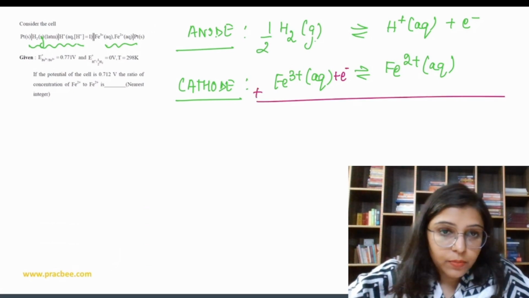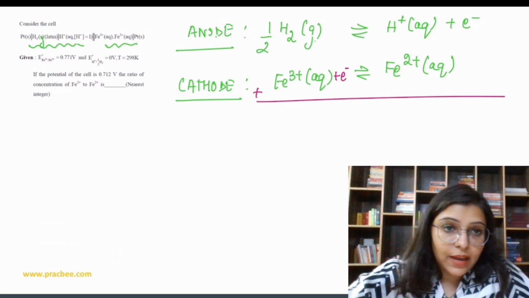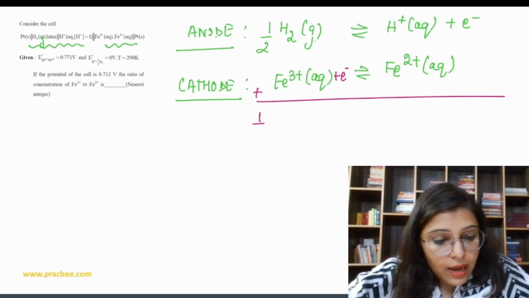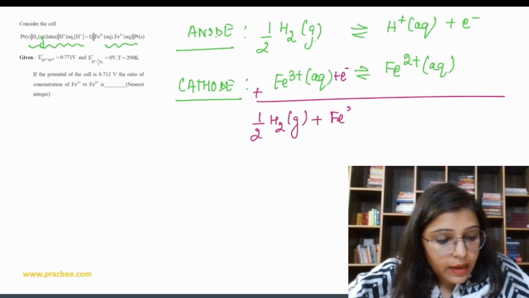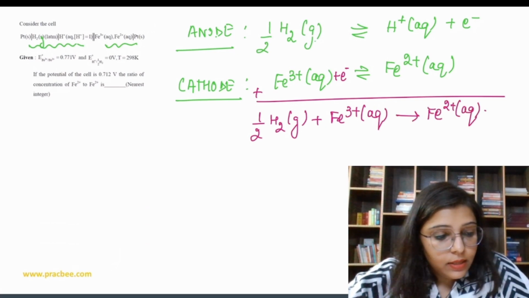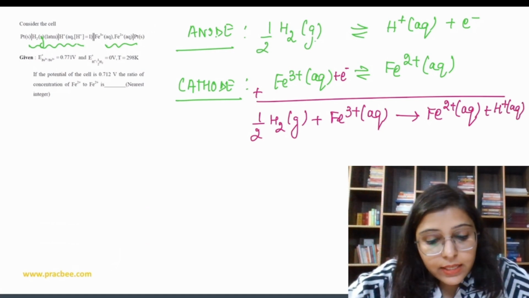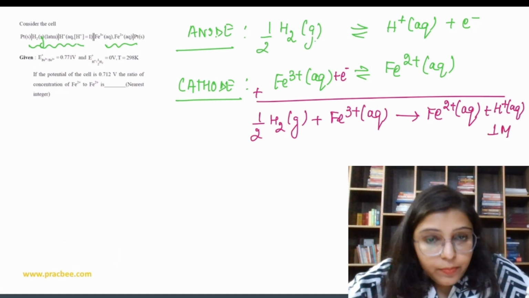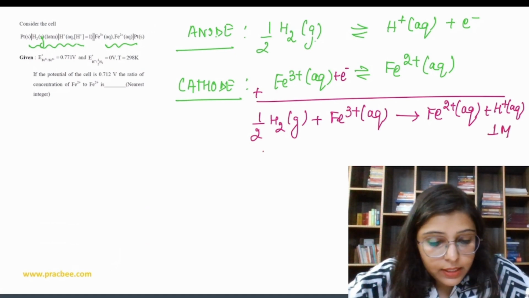Let's add both half cell reactions to write down the complete reaction. So we get half H2 gas plus Fe3 plus aqueous gives Fe2 plus aqueous and H plus aqueous. Okay. Concentration of H plus is 1 molar and pressure of H2 is 1 atm.